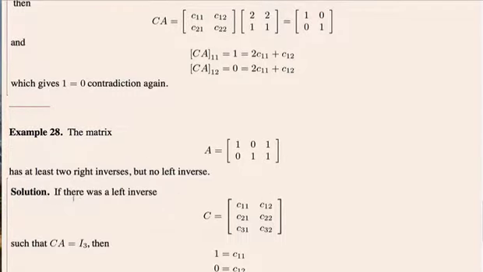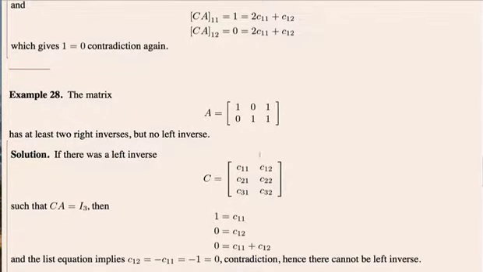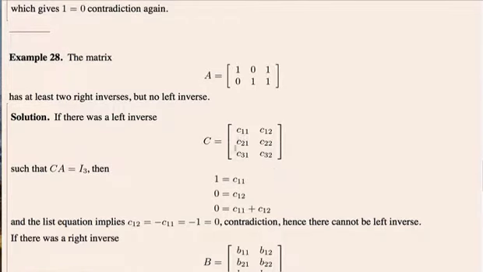It's very similar as we did before. If there was a left inverse C, that must be of the size 3 by 2, and then CA equals the identity matrix of size 3 by 3. Then what we would get with the multiplication is that the 1,1 entry is just C11, and that's supposed to be 1.